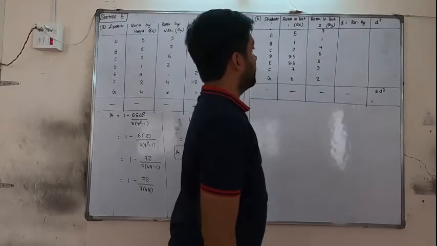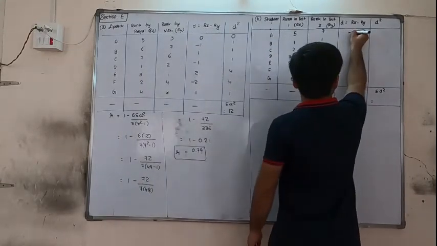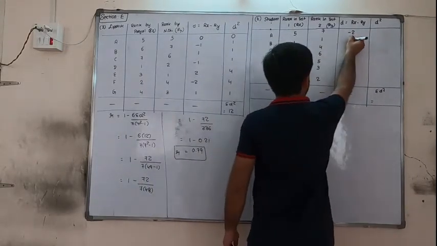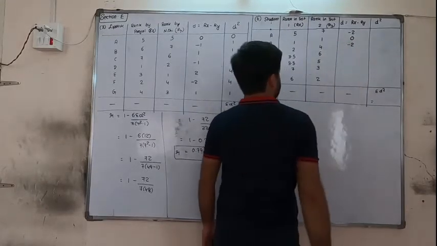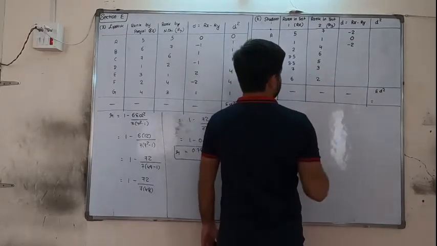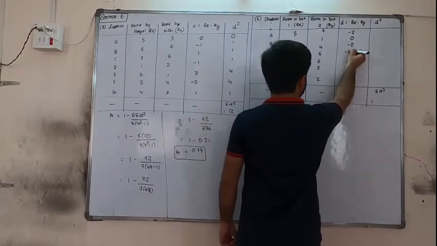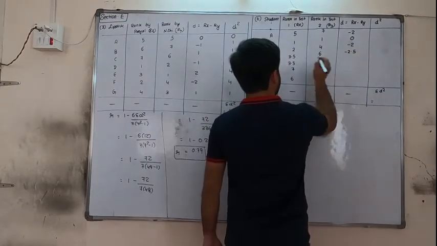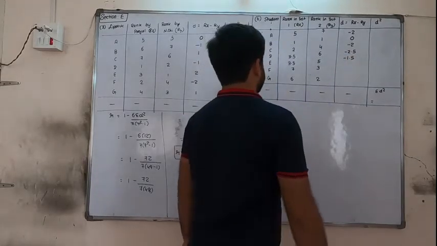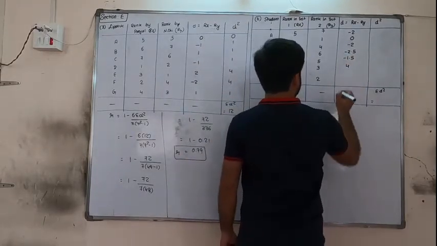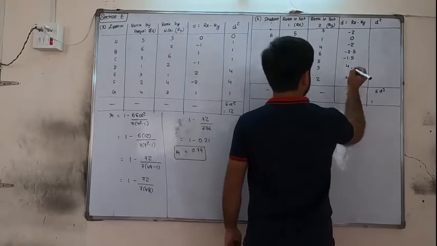5 minus 7, minus 2. 1 minus 1, 0. 2 minus 4, minus 2. 3.5 minus 6, minus 2.5. 3.5 minus 5, minus 1.5. 7 minus 3, 4. 6 minus 2, 4.